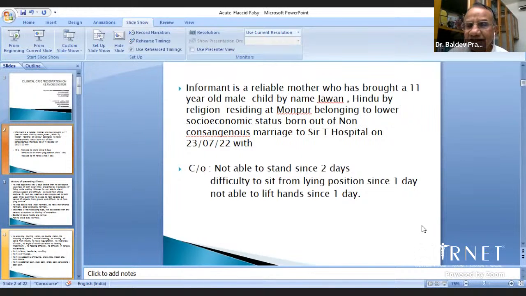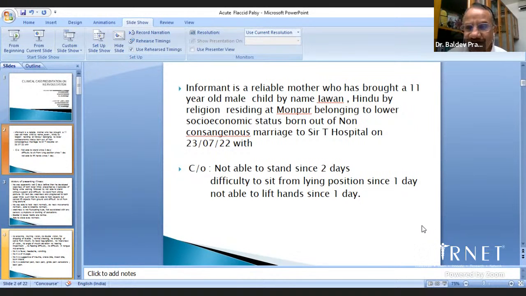What does it indicate about the further progress? This gives the progress within 1 day or 2 days. So that gives the idea that whatever the disease is, it is of acute onset and progressing fast.